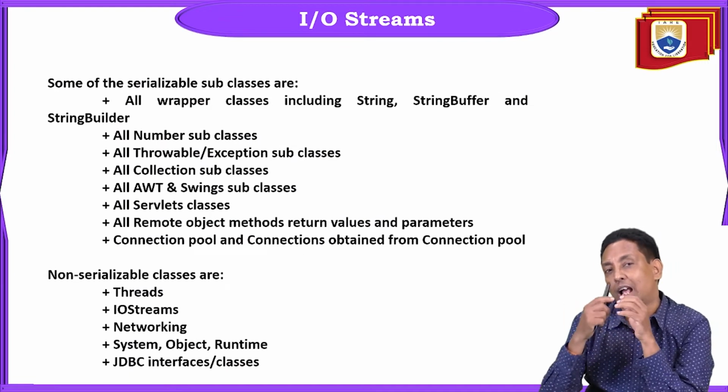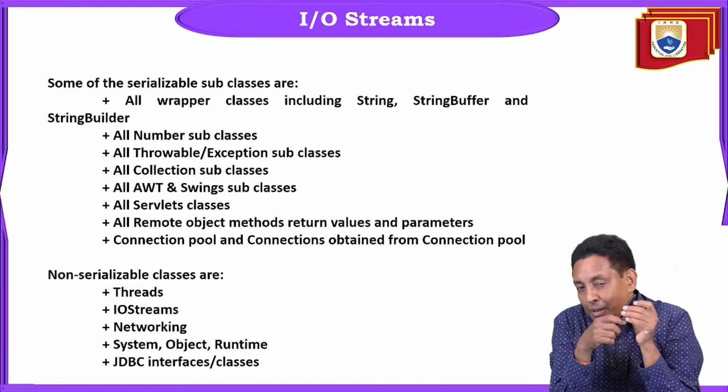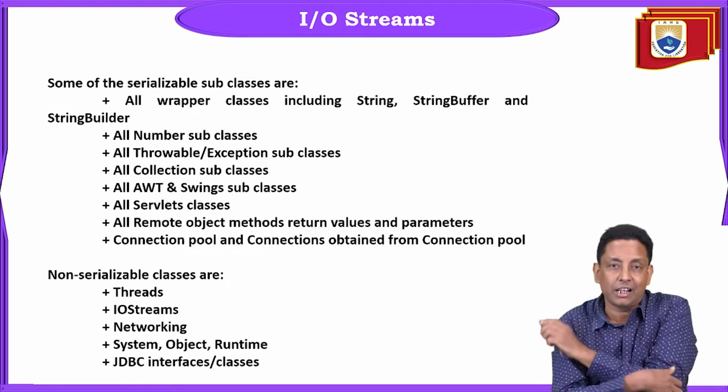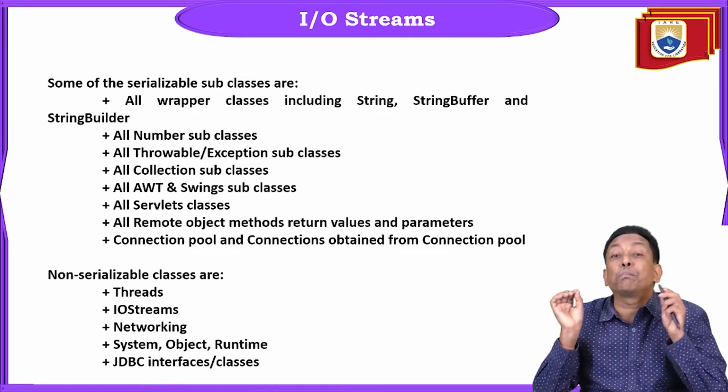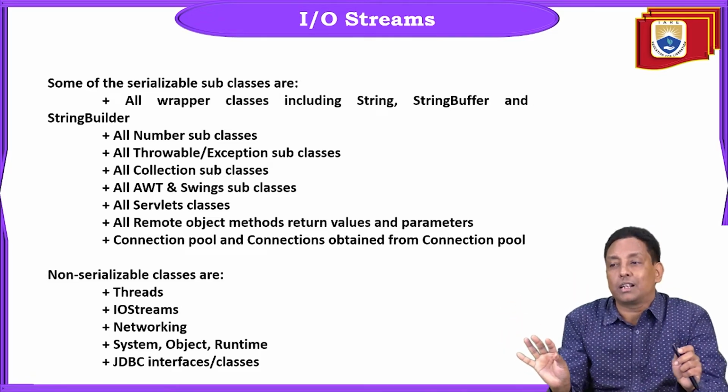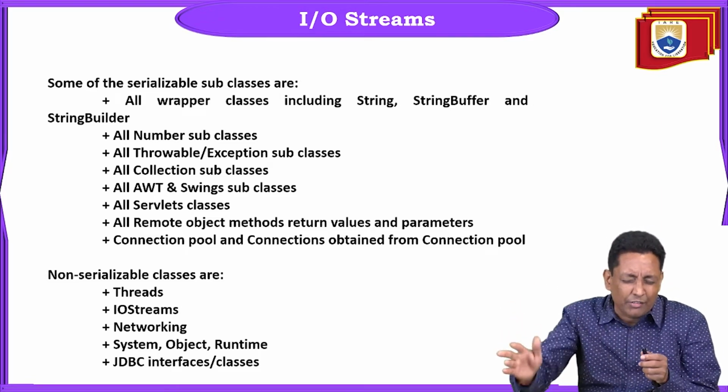Before this, you can ask me, does the Java API have any such serializable classes or not? Yes, Java has plenty of serializable classes, and I cannot say exactly whether it is half or a quarter of the API.